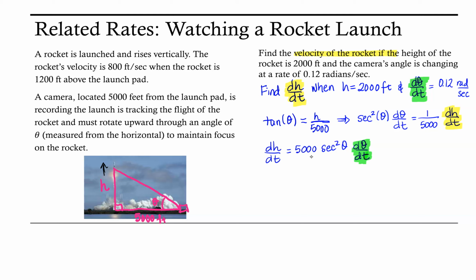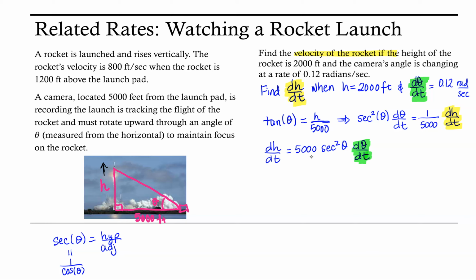Now, recall that secant of theta is typically represented as hypotenuse over adjacent. And that's because secant of theta is the reciprocal of cosine of theta.